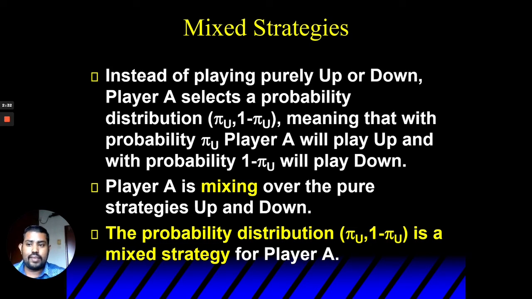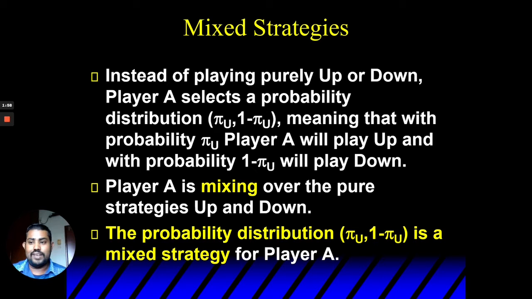Mixed strategy. Instead of playing purely up or down, player A can select a probability distribution, pi u or 1 minus pi u, meaning that with probability pi u, player A will play up, and with probability 1 minus pi u will play down. Player A is randomizing. Randomizing here is called mixing between both strategies.